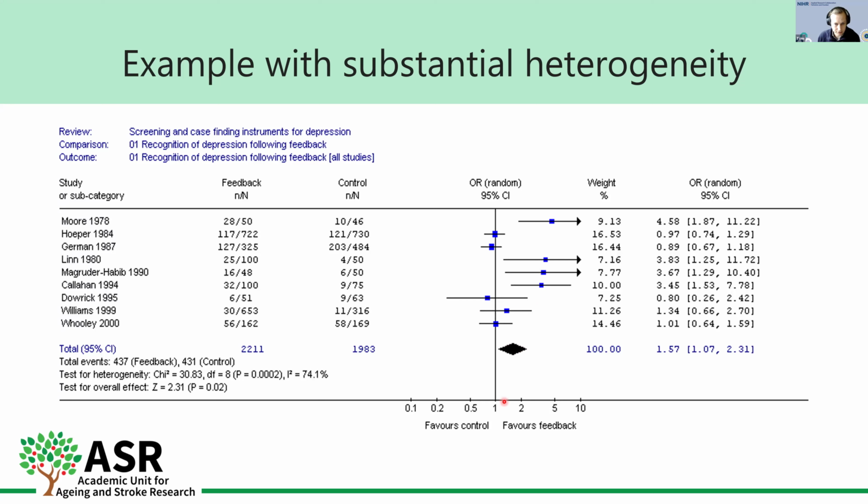You'll see also that in this case, the outcome's the other way around. So favouring the intervention is on this side. This is for a different kind of outcome, but it was just to show you how you can visually see the heterogeneity here.